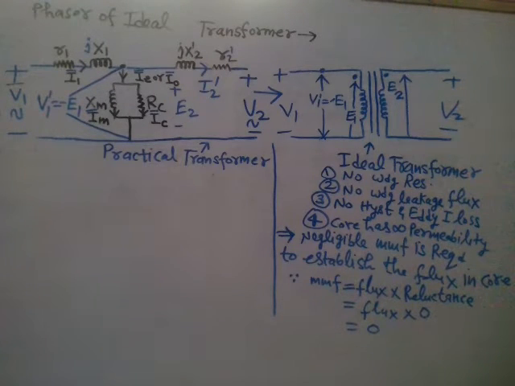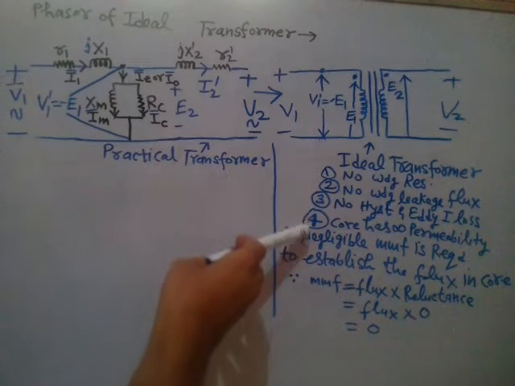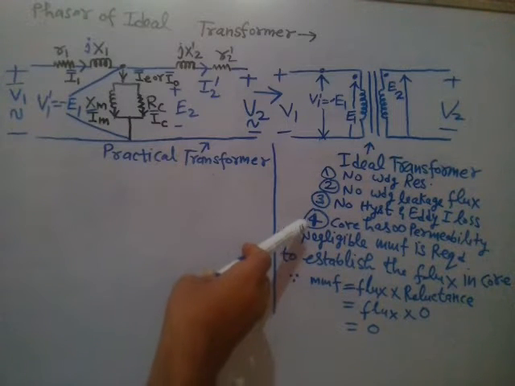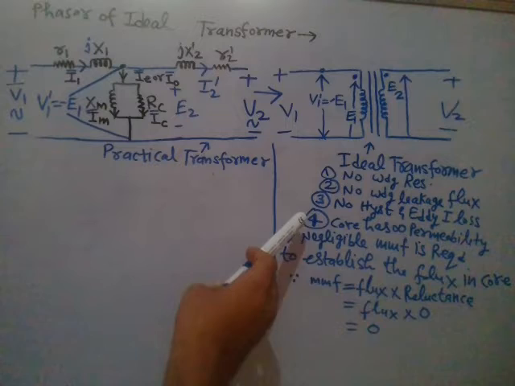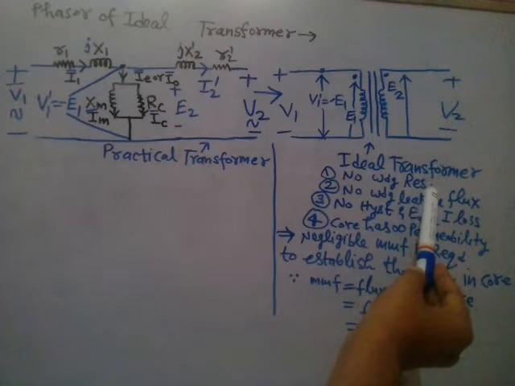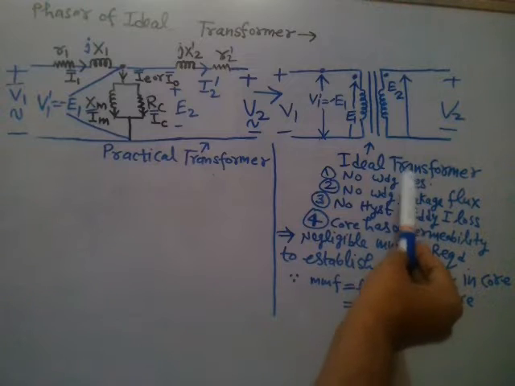Now, what is the ideal transformer? Any transformer satisfying these four conditions will be called an ideal transformer. Number one, it has no winding resistance; winding resistance is zero.